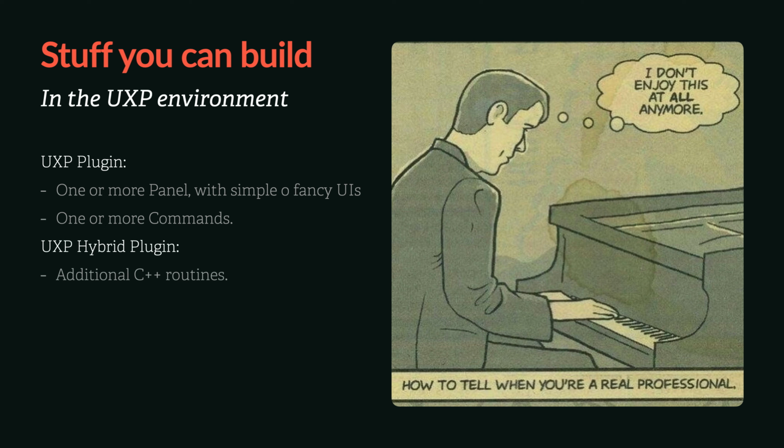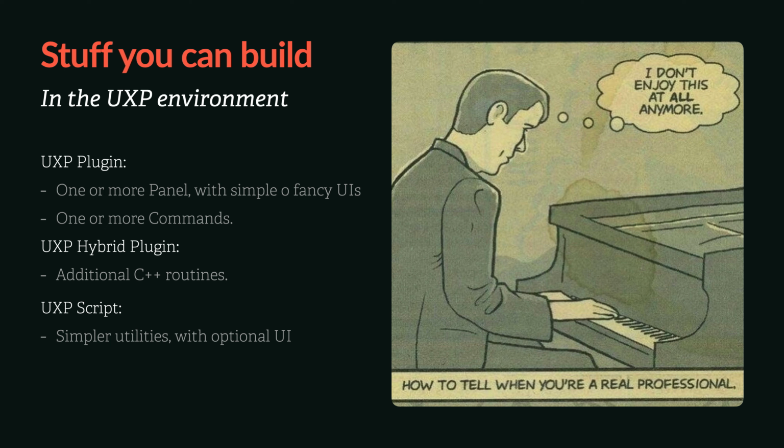You can have UXP hybrid plugins where you write your own C++ library, adding a hook so that your hybrid plugin can call that for specific purposes. For instance, processing a large amount of data faster. C++ is preferred for tasks like that. And finally, you have UXP scripts that are simpler.